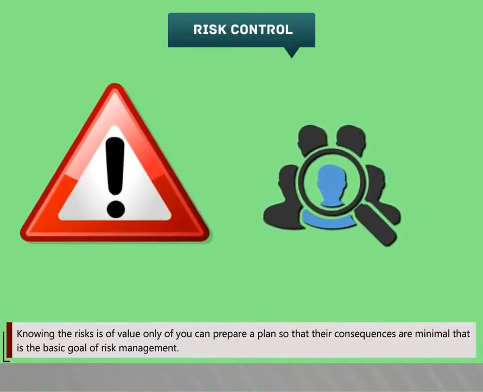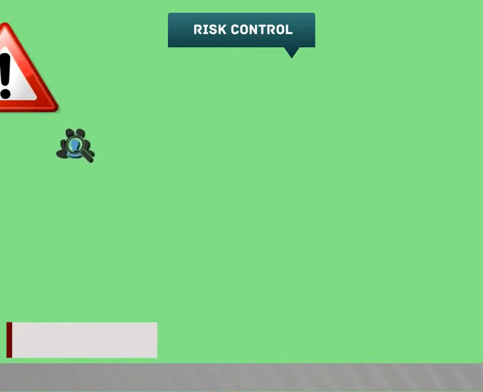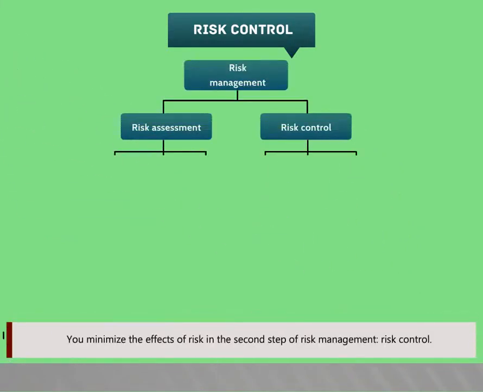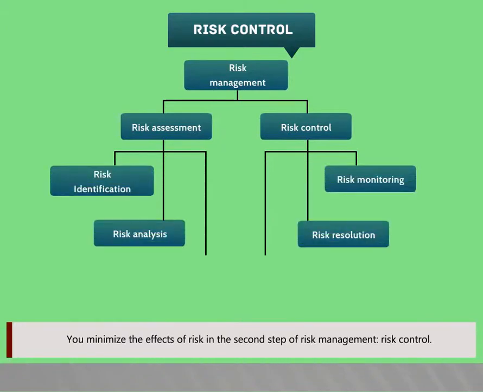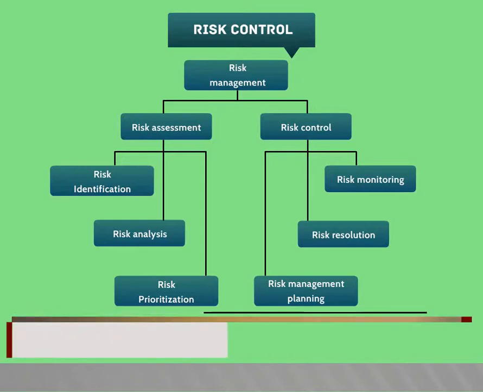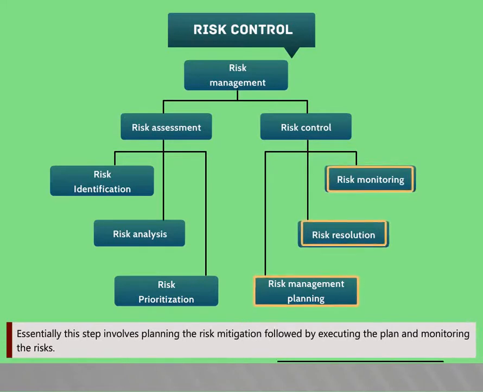That is the basic goal of risk management. You minimize the effects of risk in the second step of risk management, risk control. Essentially, this step involves planning the risk mitigation followed by executing the plan and monitoring the risks.